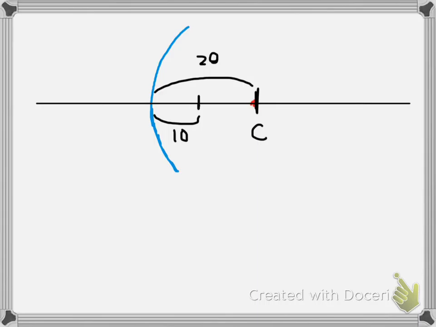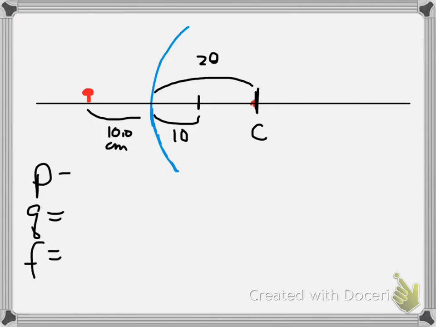Let's say I place an object, a little red pin, and we're roughing this out, but let's say that's 10 centimeters in front of the mirror. It looks to be approximately 10 centimeters. Okay, so P, Q, F. What's my P?